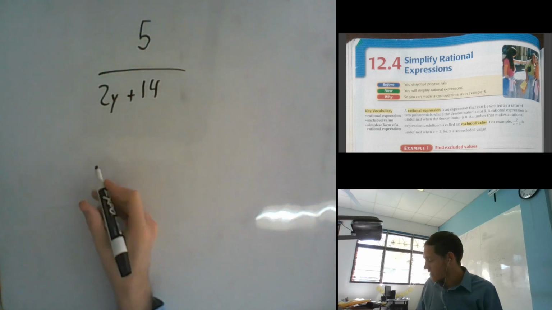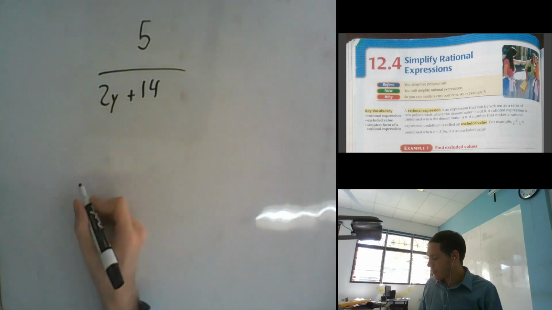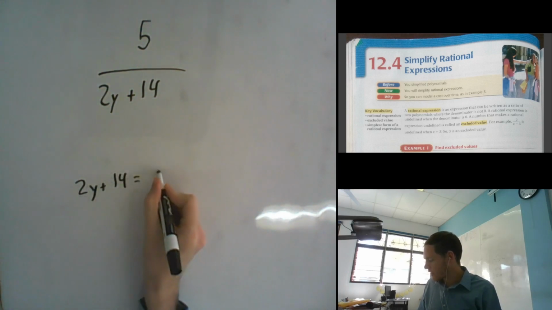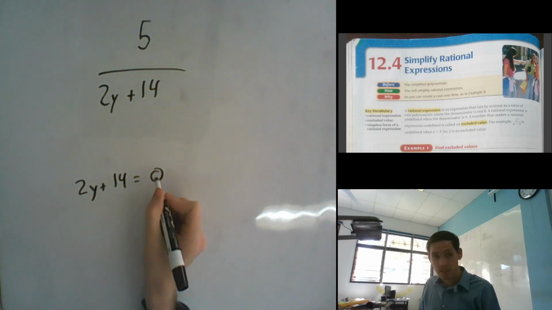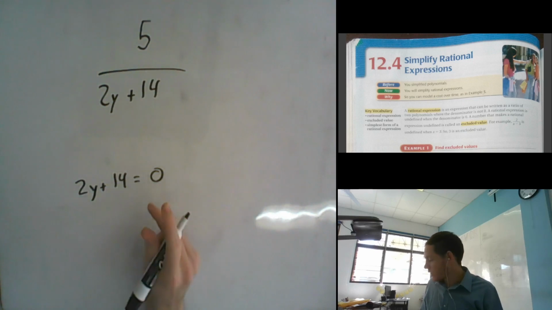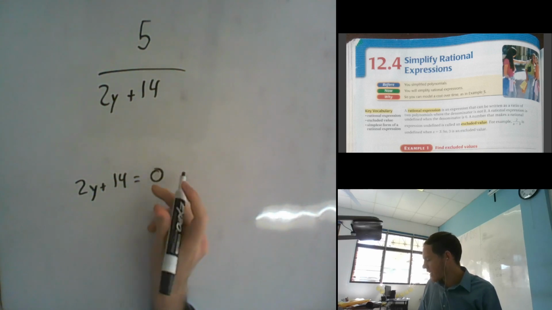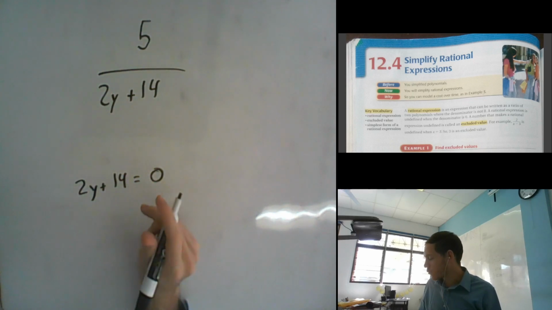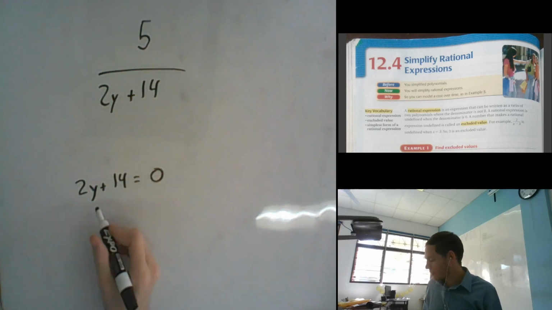Okay, so excluded value is where we set the denominator equal to 0 and solve it because we can't have 0 on the denominator, that's why we exclude it. Oh, hi Esther Kate. Okay, so we set the bottom 2y plus 14 equal to 0. We solve the denominator for 0 to find it.